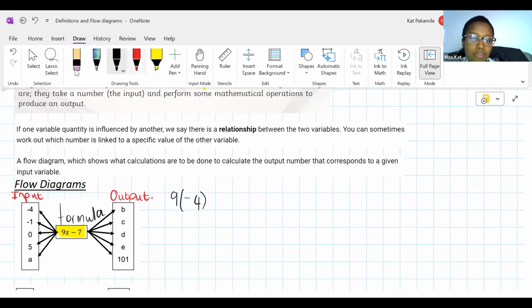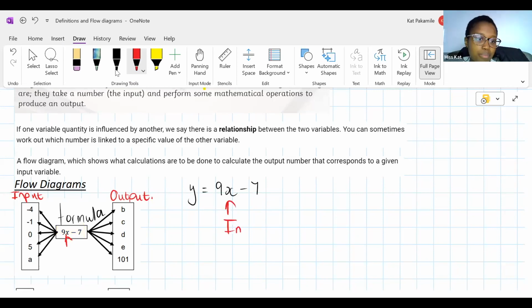Okay, let me first write this as a formula. As a formula, we're going to say y, which is going to be our output value, equals 9x minus 7. Okay, so now in the place of x, we're going to put our input values.